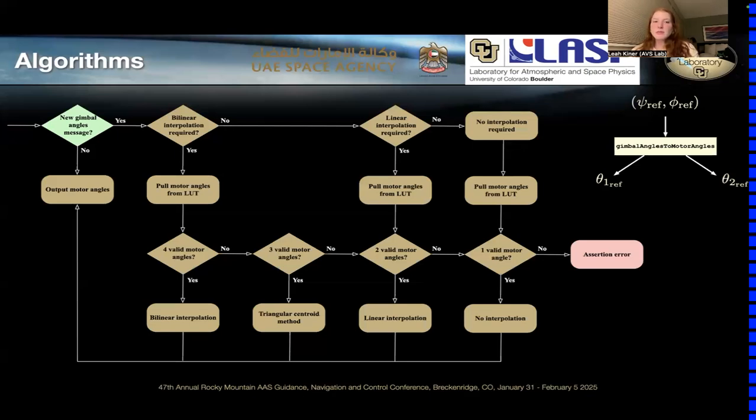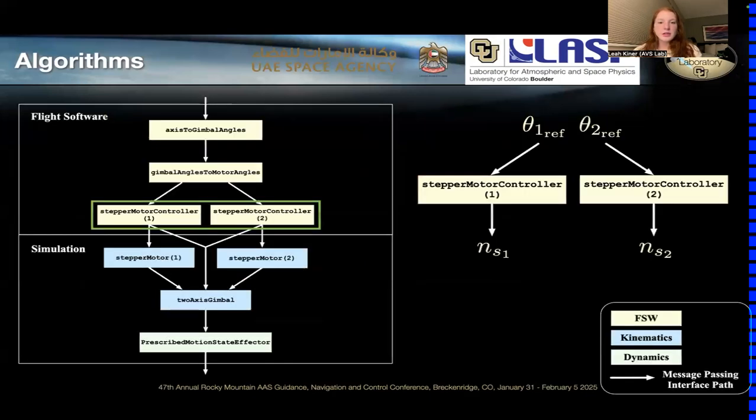This results in blank entries in these tables, where if you request those angles, you would extract invalid motor angles. So in order to prevent this, we do a boundary case check after we extract all of those bounding values from the table. Then we have to adjust the type of interpolation that we do if some of the motor angles are invalid.